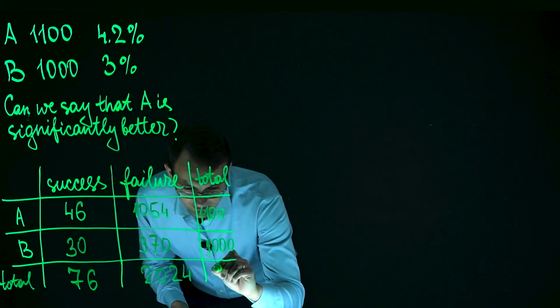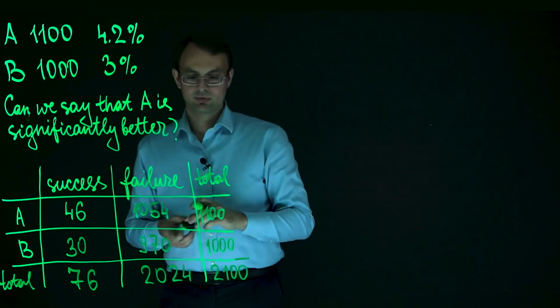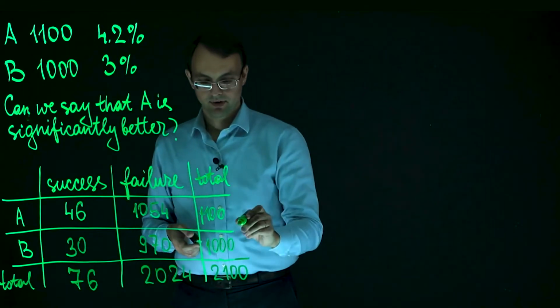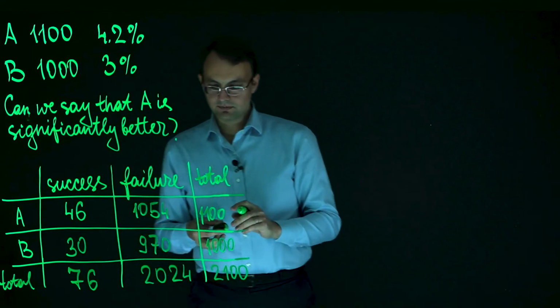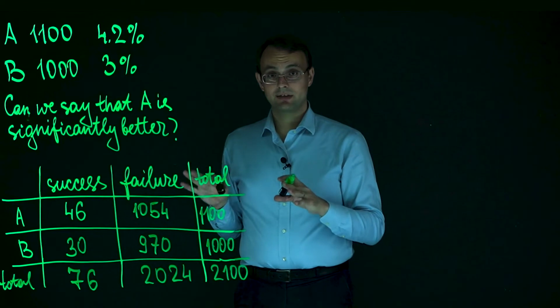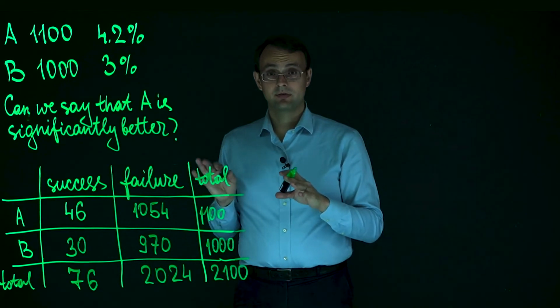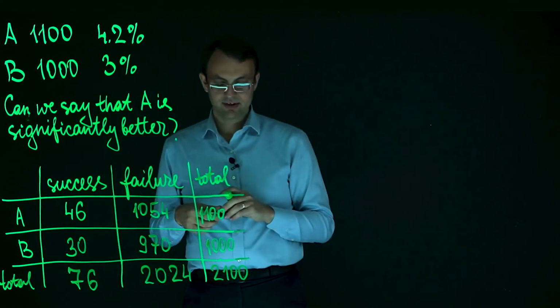And totally we have 2,100 trials in both series. So this is the standard representation of our observations of the data.